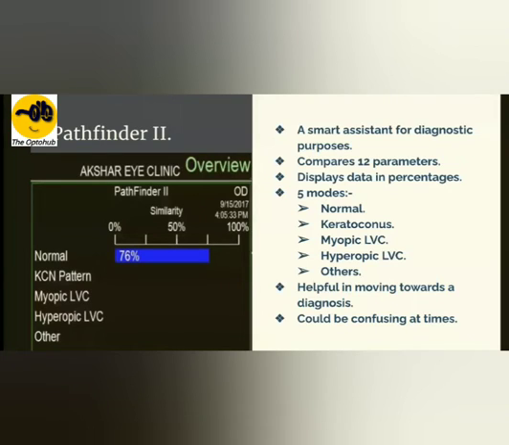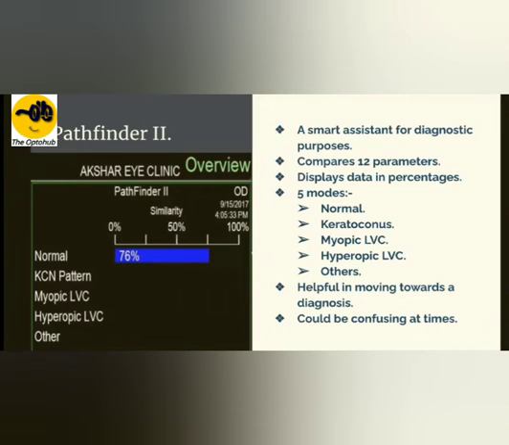All these values are used in Pathfinder 2. These parameters are measured from normal cases, from known cases of keratoconus, from cases who have undergone myopic laser vision correction, and from cases who have undergone hyperopic laser vision correction, and all this data is fed into the database of the machine.